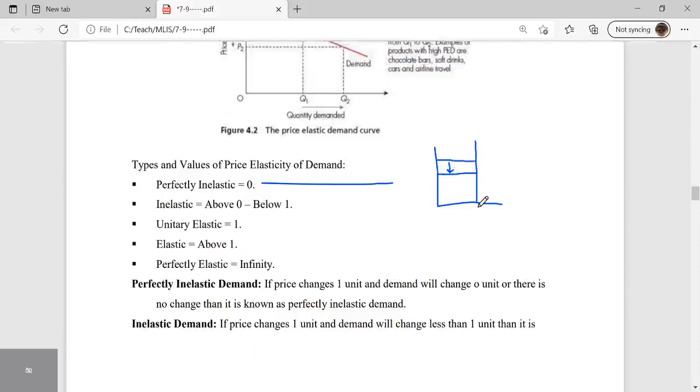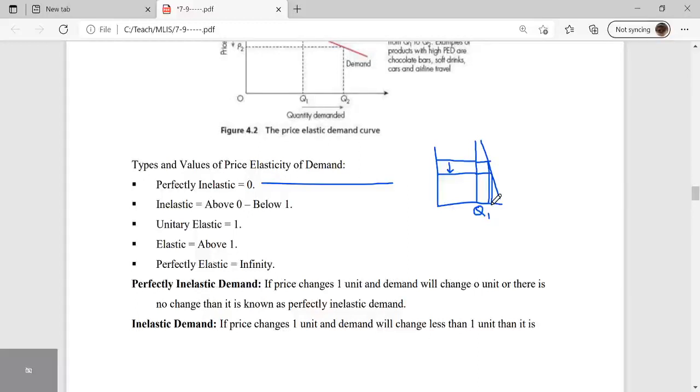It's all the same. And for inelastic, we already discussed it's almost vertical. If you change the price, a very small amount of change will be there. It's an insignificant change.